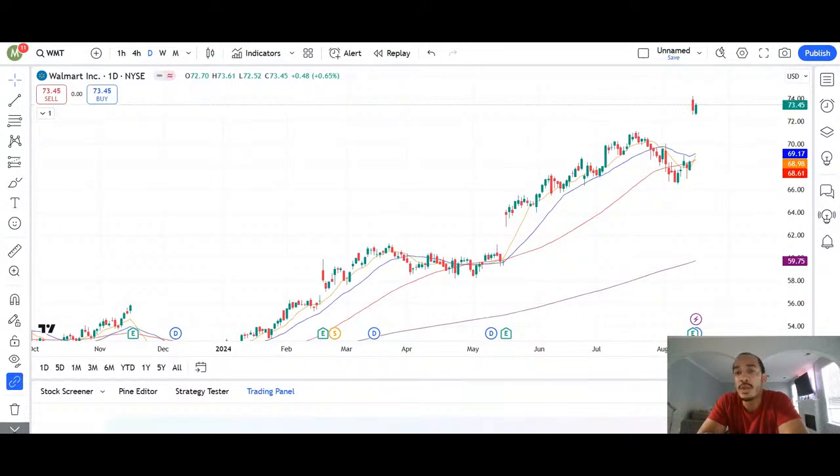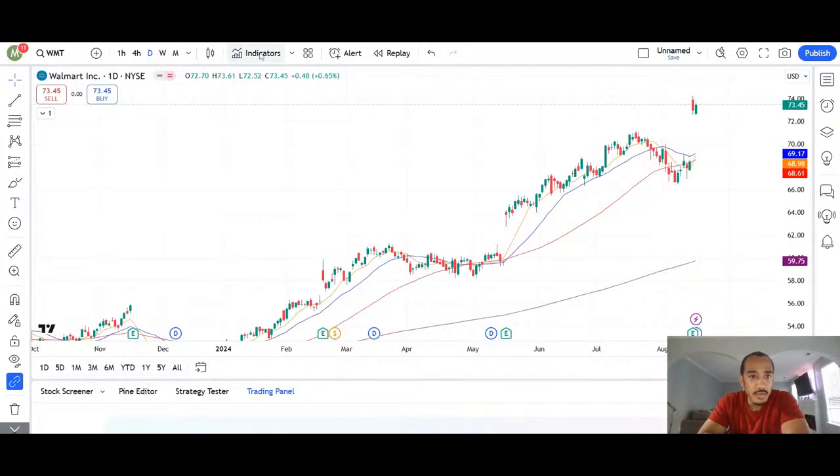So the slope of the moving average also gives you an idea of what direction the stock should be going, outside of the VIX or the fear and greed index, right? So the moving averages play as support or resistance, but they also let you know what direction you should try to trade the stock in, right?